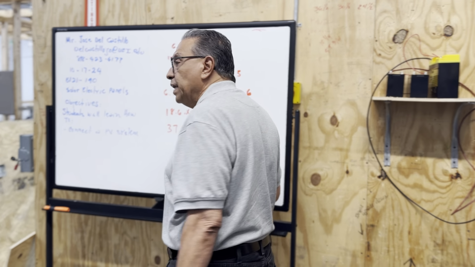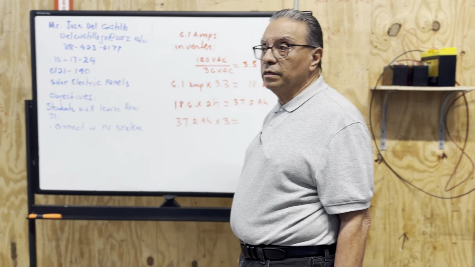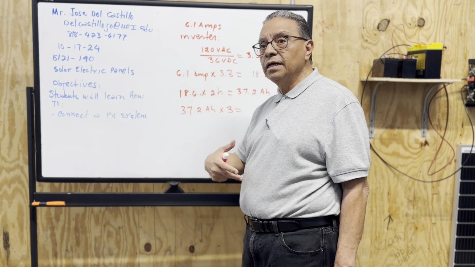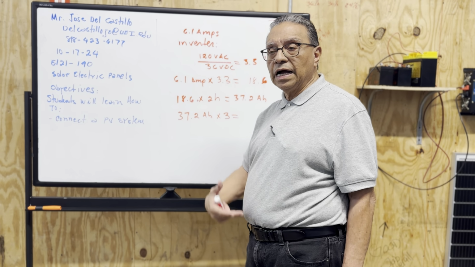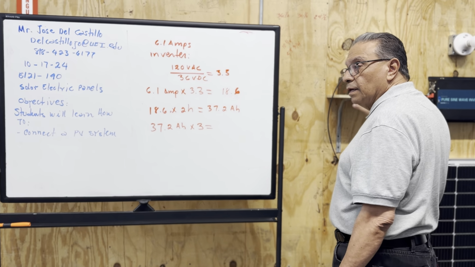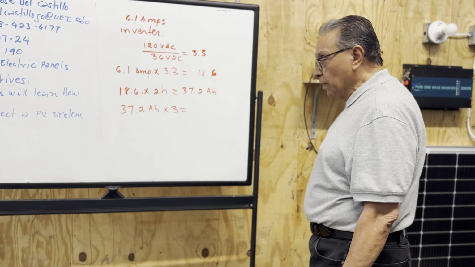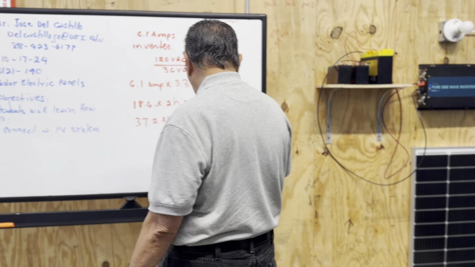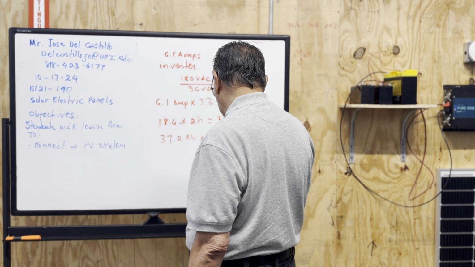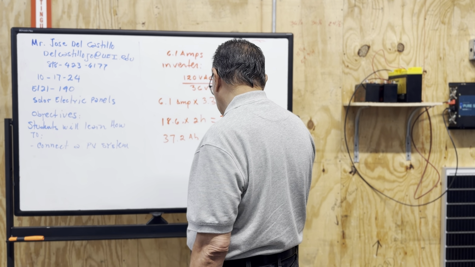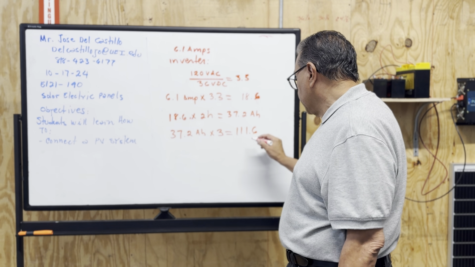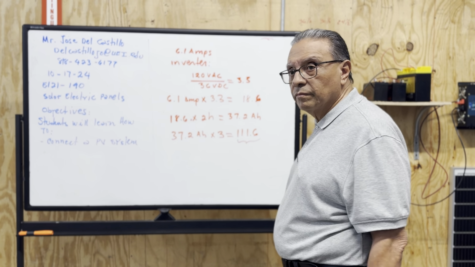This number of days is known as autonomy, the days of autonomy that my electrical system in my house or apartment is able to work just with the batteries. Got it? So if I multiply this, I hope I won't make a mistake here, 111.6. That will be the size of my battery bank.